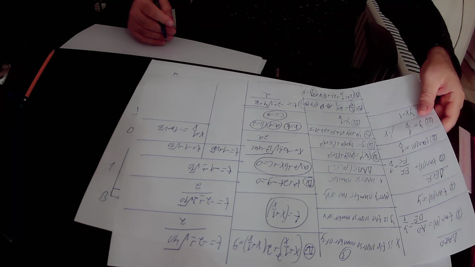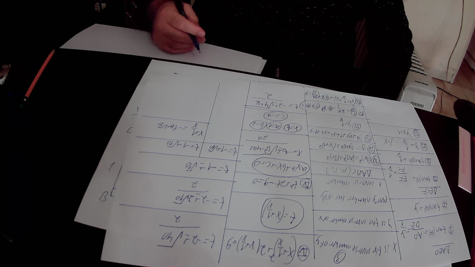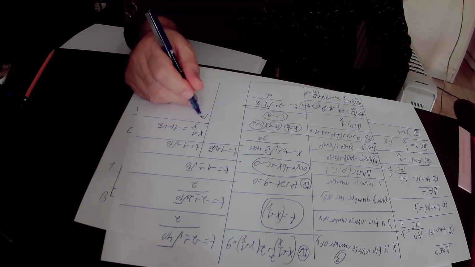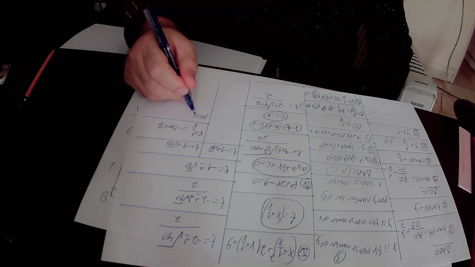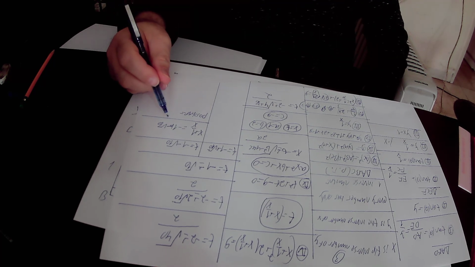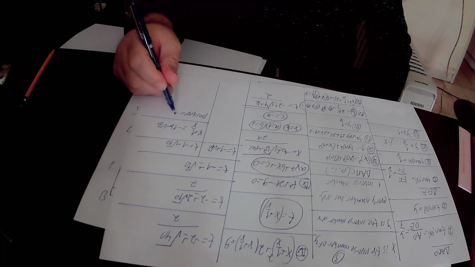So if x is a positive number, x plus 1 over x will also be a positive number. So on this side of the equation we have a positive number, and on the other side, we have minus 1 minus square root of 10, which is a negative number.